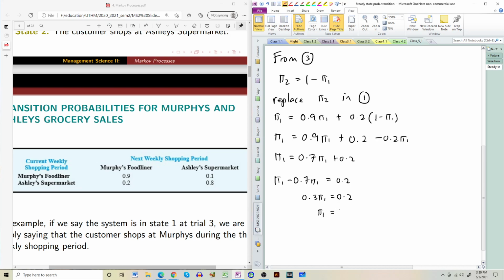The probability a guy will end up at Murphy's is 2 over 3, and this is basically, how much is this? You can leave it in fraction or you can leave it in percentage.